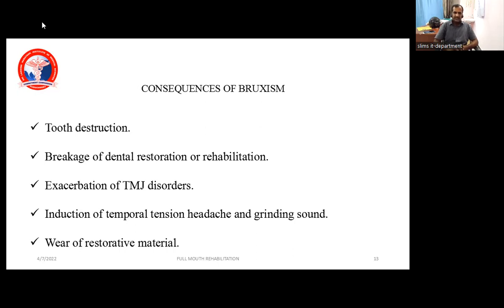And the other clinical symptom is that the patient will end up with an early morning headache. And there is loss of restorative material, where any filling done in the posterior aspect has a chance to get worn off.